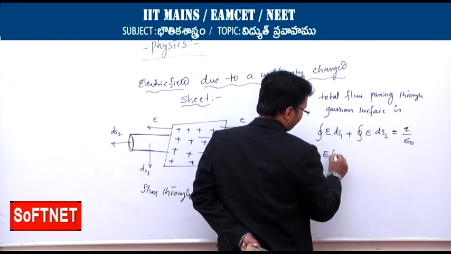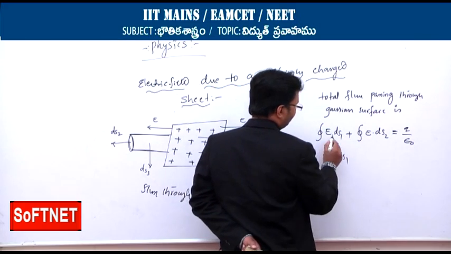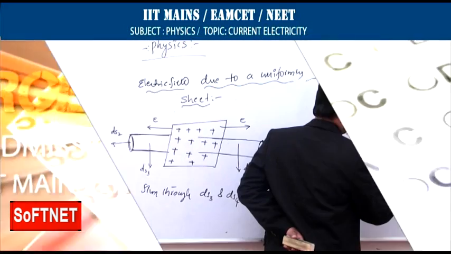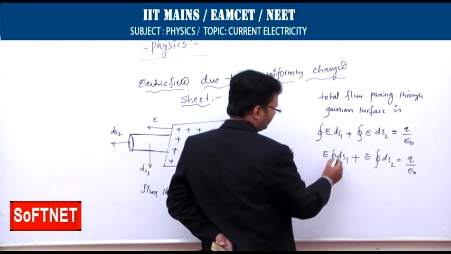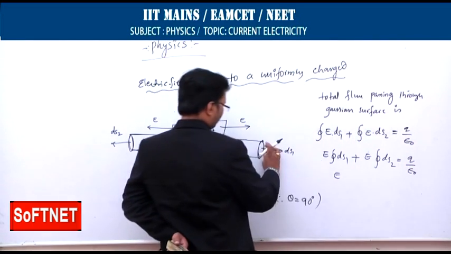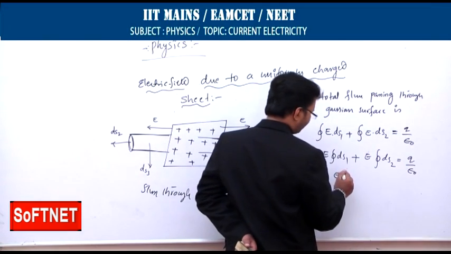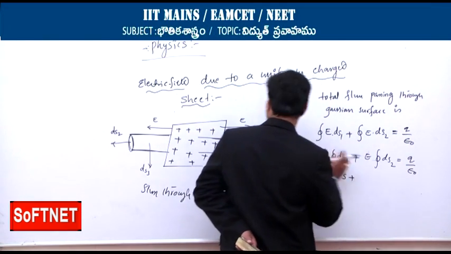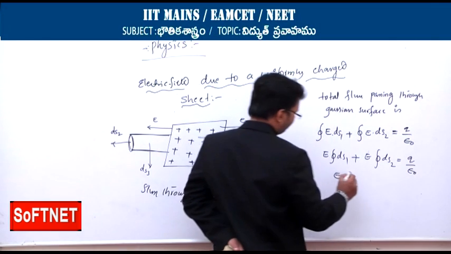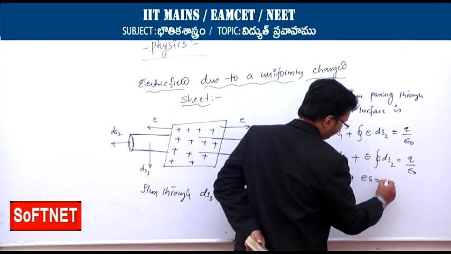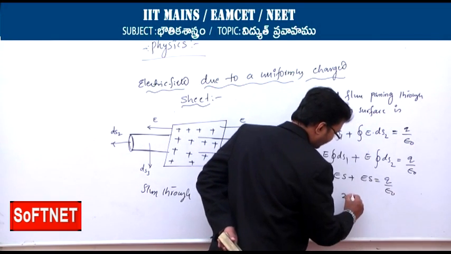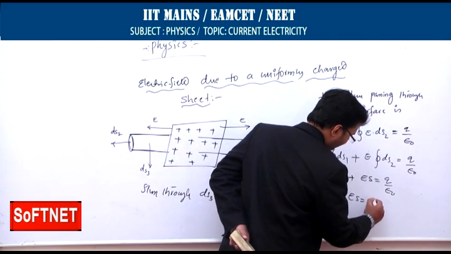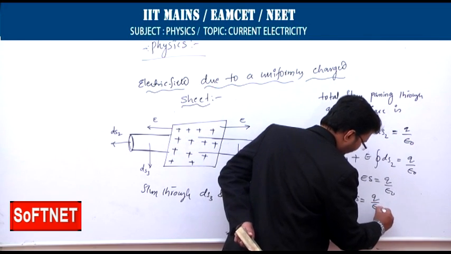Here, for ds1 theta is 0 degrees, and for ds2 also, which equals q by epsilon naught. Now I am taking the total surface area as S, and this is also S. So ES equals q by epsilon naught, and 2ES equals q by epsilon naught.